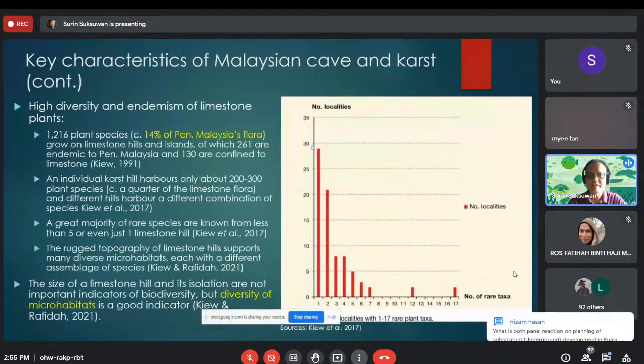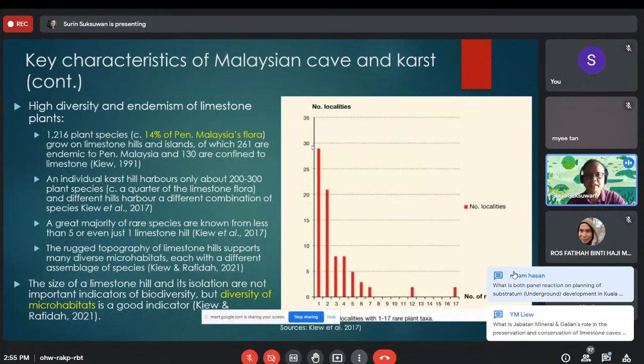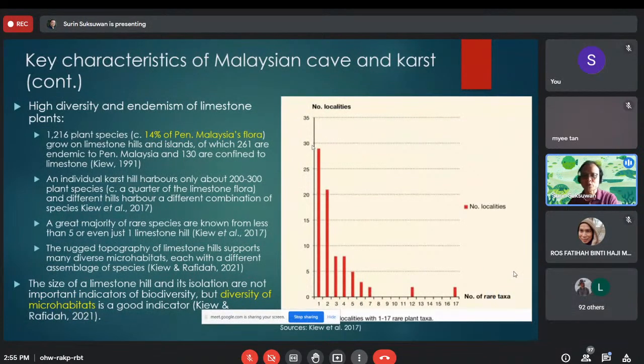They are also significant, but with plants, there have been a more systematic study. So we actually have an idea about what plants are found on which limestone hills, and which has the most number of rare or endemic plants and so on. So it's a good indicator of the biodiversity and endemism of limestone plants, and of the biodiversity of limestone in general.